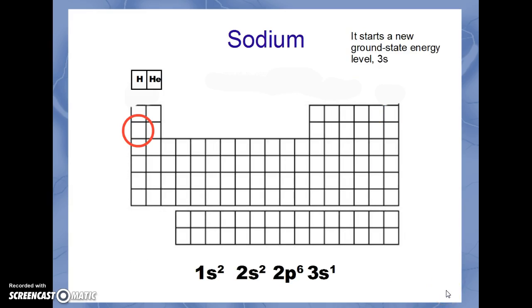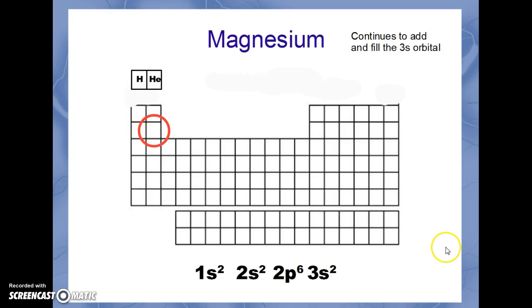Sodium starts a new ground state energy level, the 3s. And so we have everything filled here plus a 3s electron. Magnesium continues to add. We now completely fill that 3s orbital with 2 electrons.